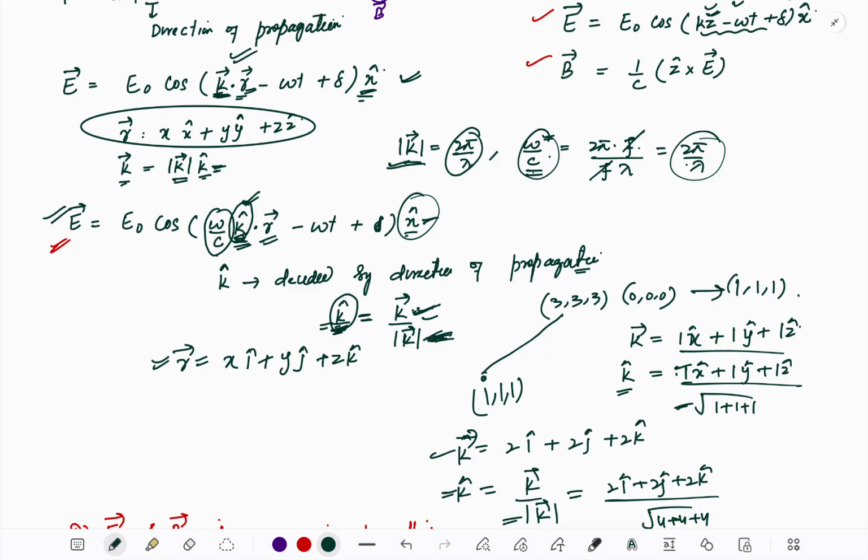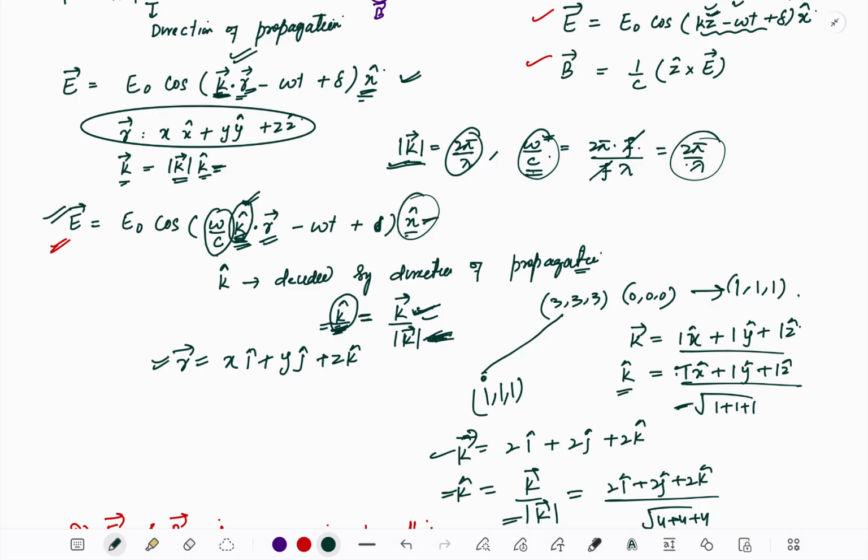Maybe let us assume that they say it's x cap plus y cap divided by root 2. This is the direction of the polarization, the direction in which the electric field is varying or oscillating.